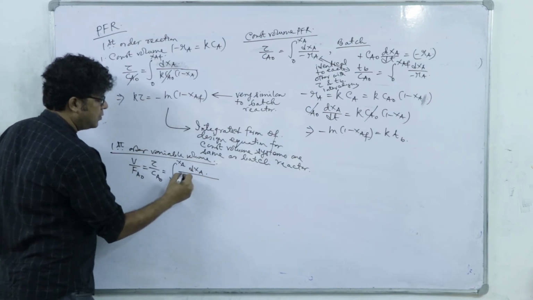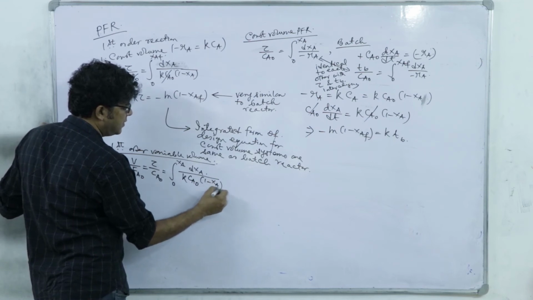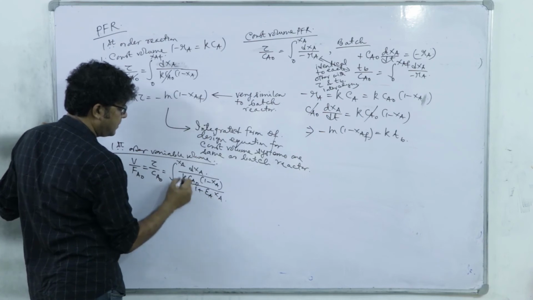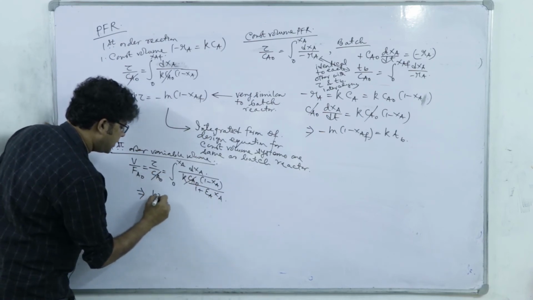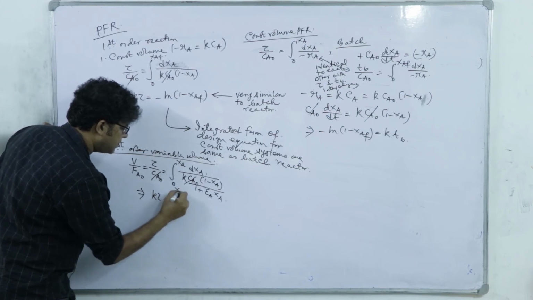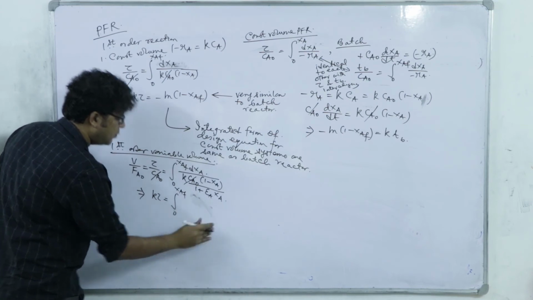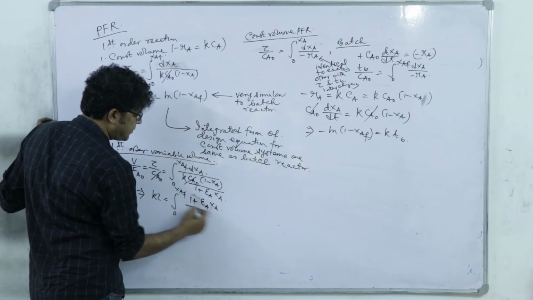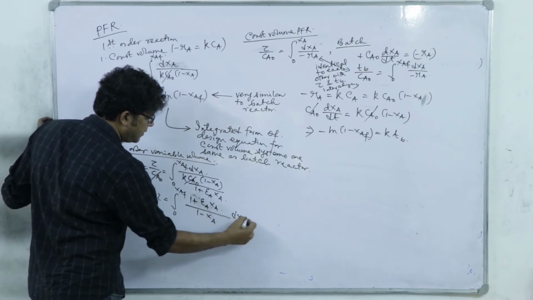Minus Ra equal to K into Ca naught into 1 minus Xa divided by 1 plus epsilon A Xa. So the Ca naught cancels out. So we have K tau, integral 0 to Xaf, numerator 1 plus epsilon A Xa, denominator 1 minus Xa, dXa.